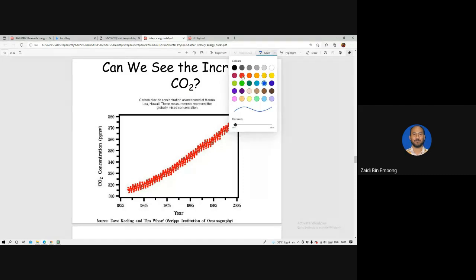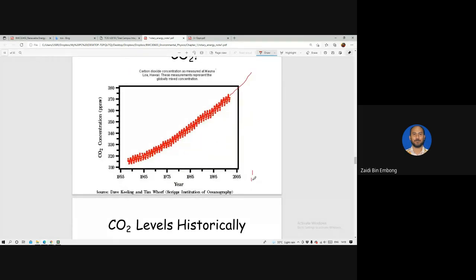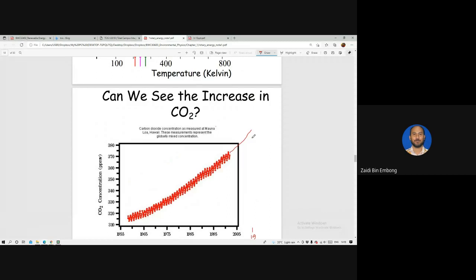To me, it could be the graph like this. Increase up to 2020, okay. Then 2019, because of the MCO, no people, no more activities, then the drop.